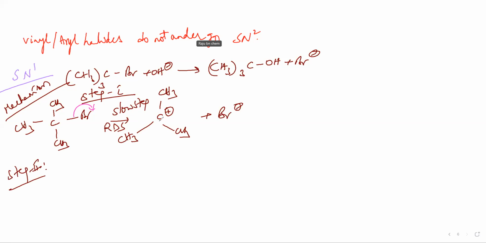Now, when the carbocation is formed, what is the hybridization of carbon? sp2, shape trigonal planar.